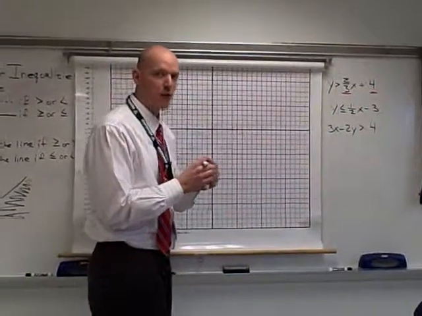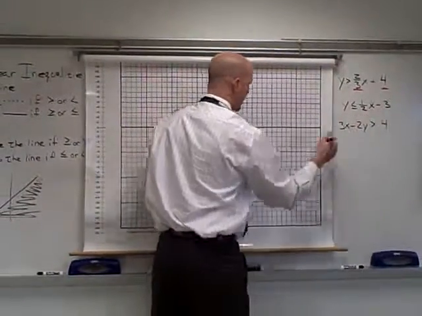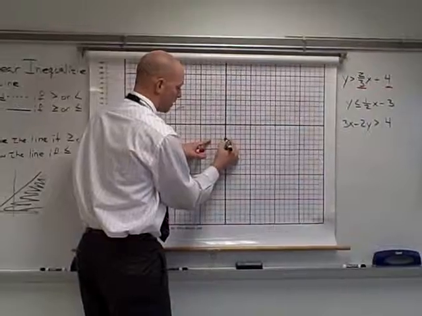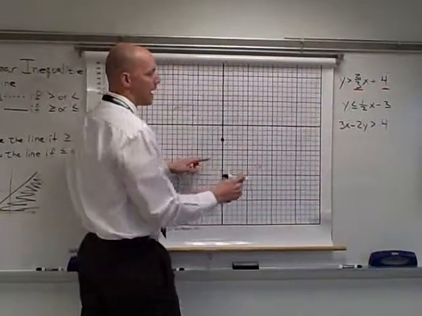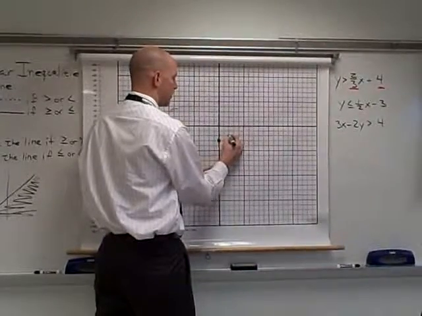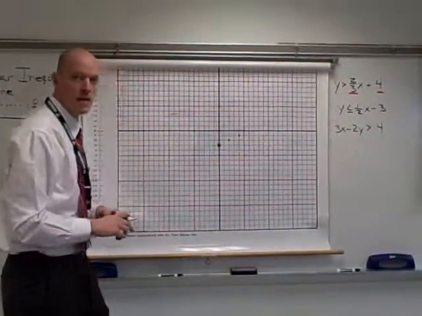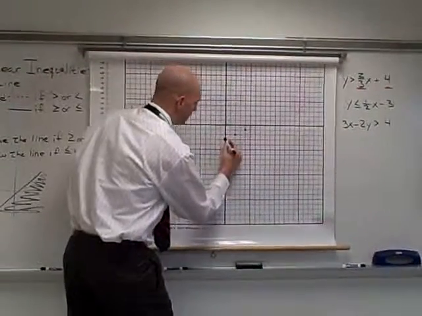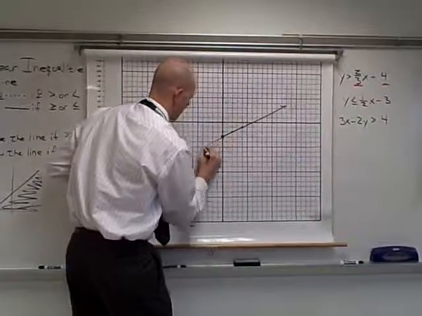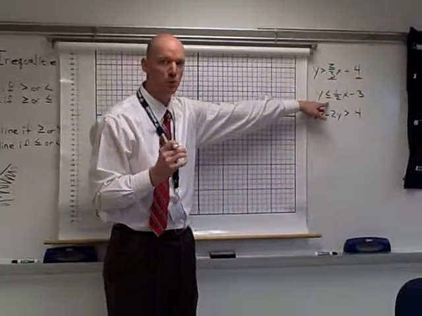Now I just have to derive the points that make up this line. My y-intercept is -3, so I'm going to go down 3. Then my slope is 1/2, that is up 1 over 2, up 1 over 2. In this case, I'm going to be using a solid line, again solid because it was an equal to.